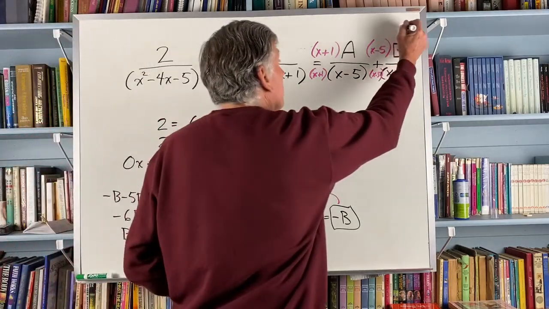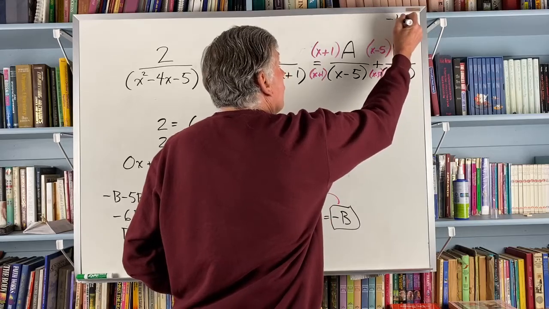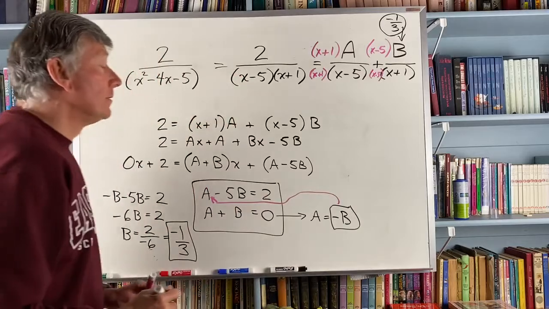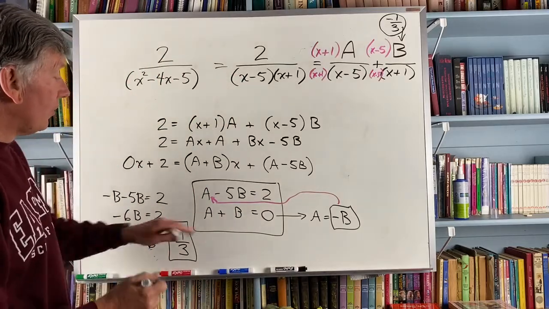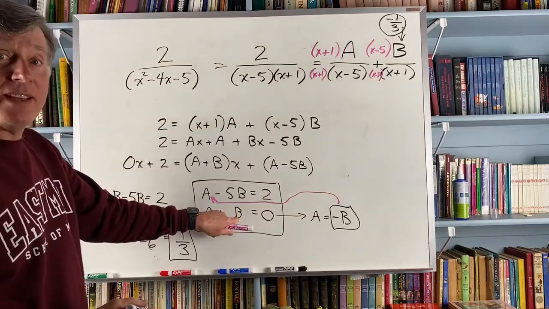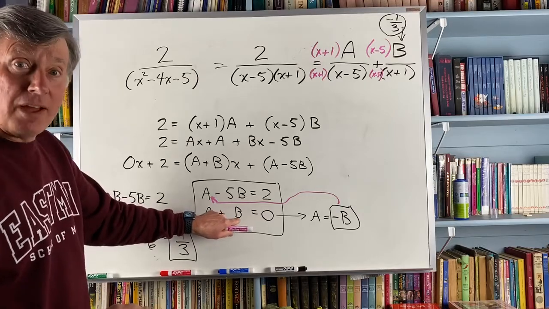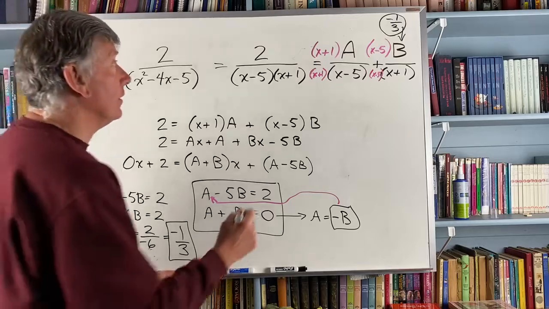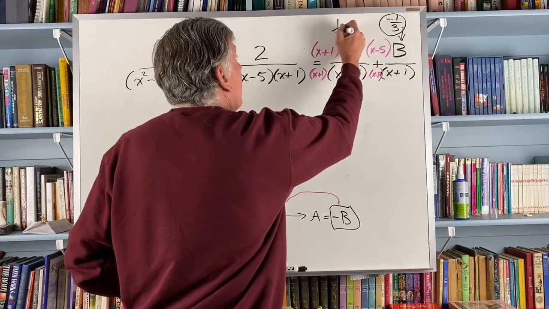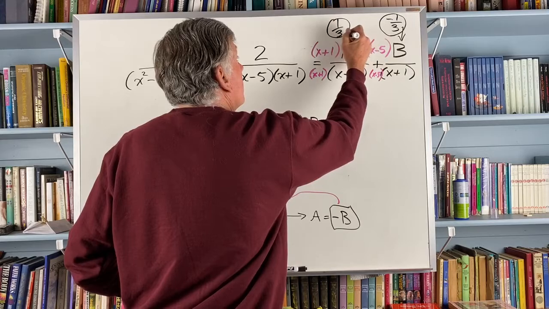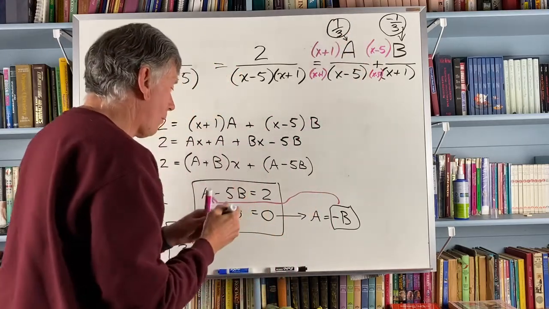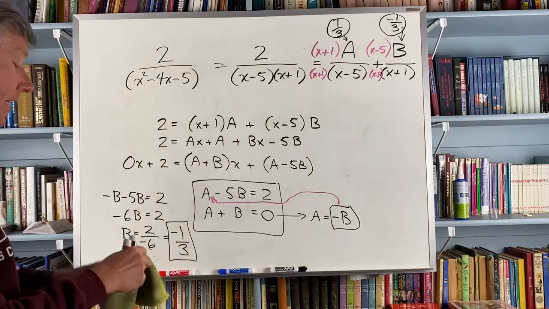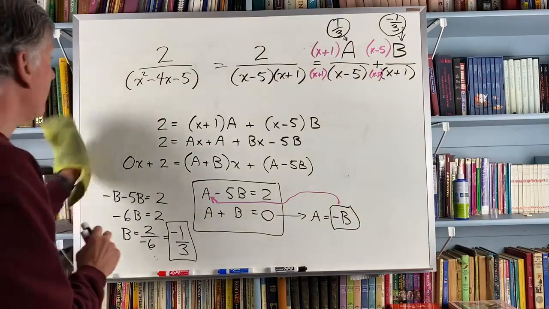That means that this B here is negative 1/3. But remember from this equation here that A plus B equals 0. If B is minus 1/3, A has to be positive 1/3. I'm going to do that there. I'm going to erase all of this now and write my answer.